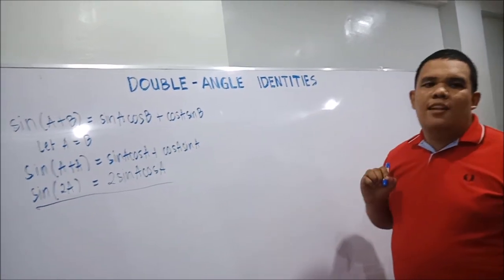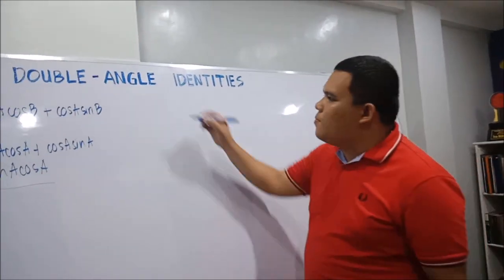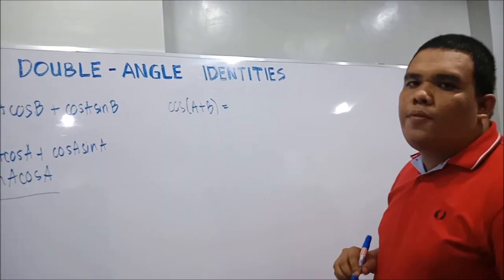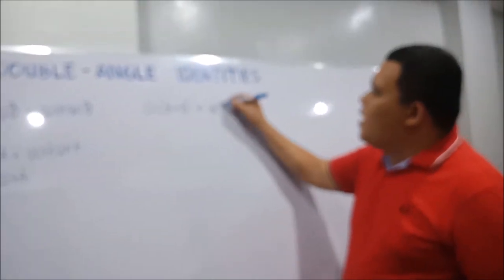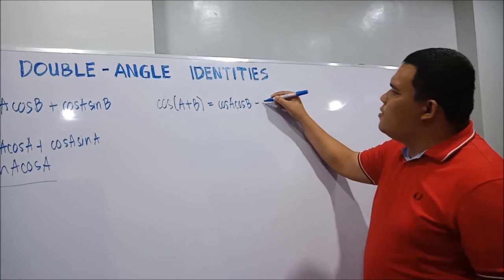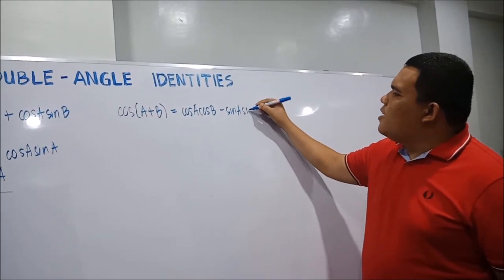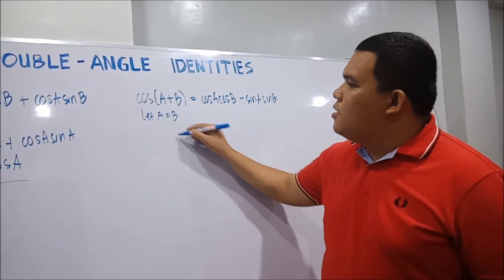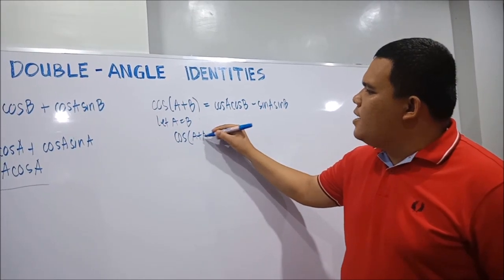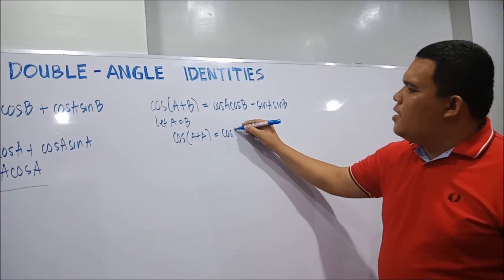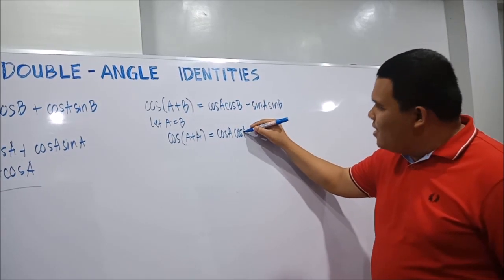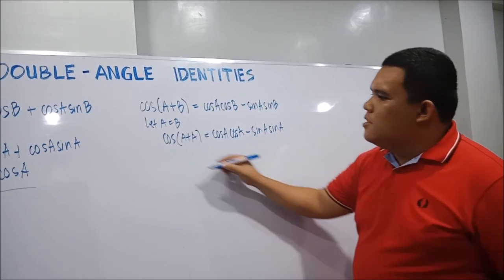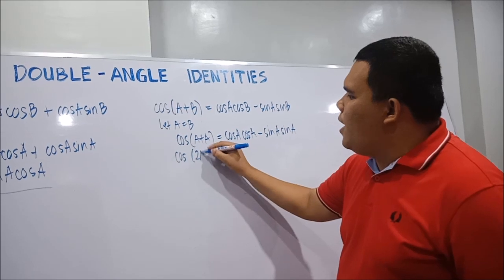Now for the cosine double angle identity, we make use of the cosine sum. The cosine of A plus B, we know from our previous lessons, is cosine A cosine B minus sine A sine B. Again, if you let A be equal to B, we have cosine of A plus A equal to cosine A cosine A minus sine A sine A. So simplifying that, we have cosine 2A.